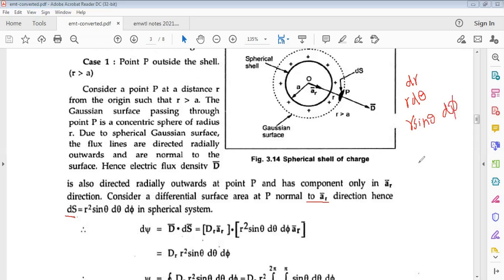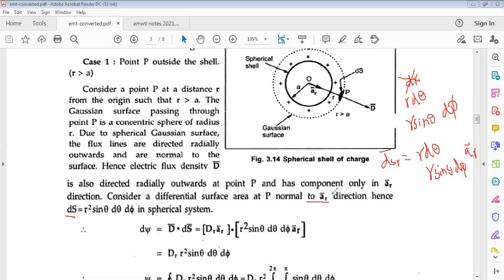And the differential surface area normal to the a_r bar direction means ds bar equals a_r bar times the remaining components, there is no differential element along r. r is only the direction, and the remaining components are r d theta and r sine theta d phi.